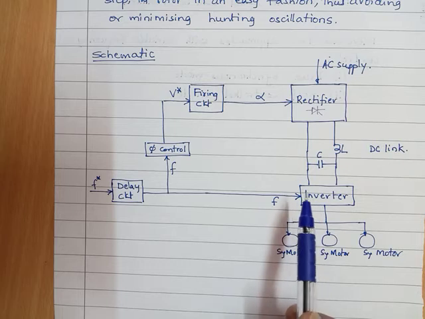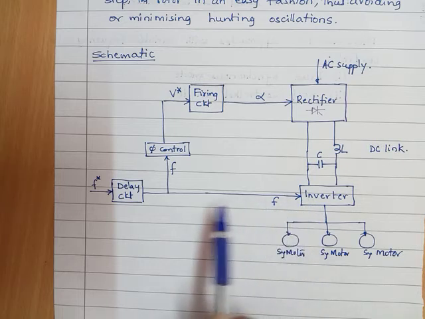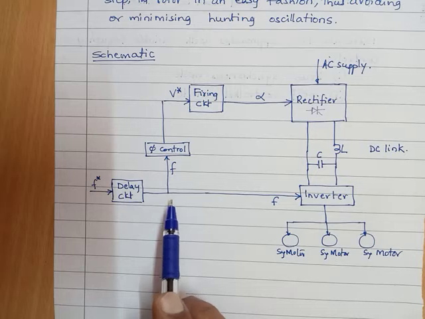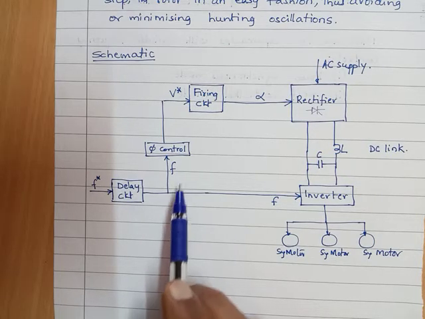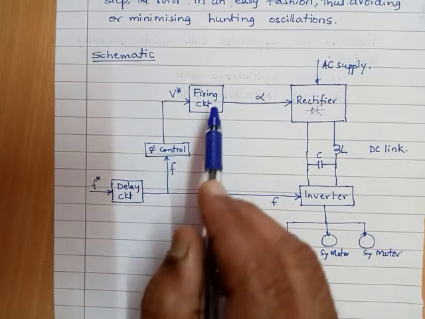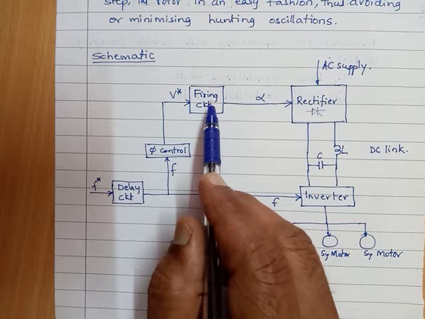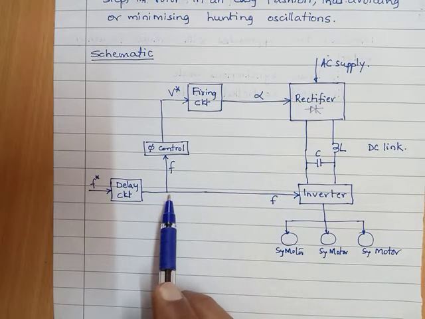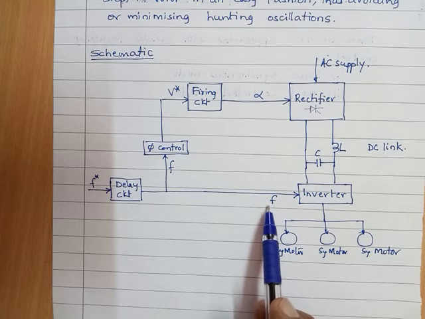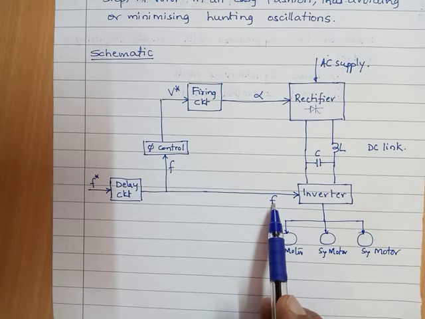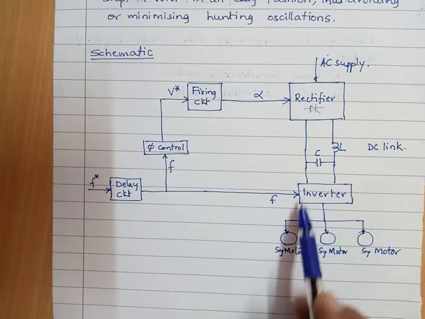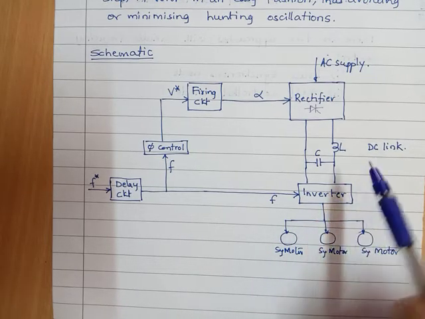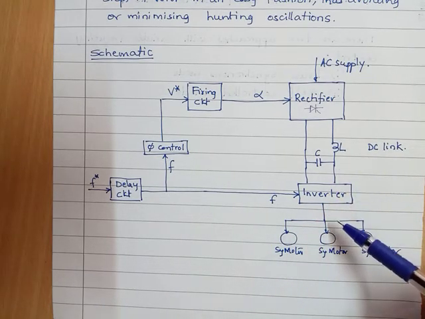Next, the frequency we have here with a delay, that frequency on one side is used to control the value of alpha. On the other side, that frequency acts as a reference for the inverter to operate. This inverter converts DC into AC.